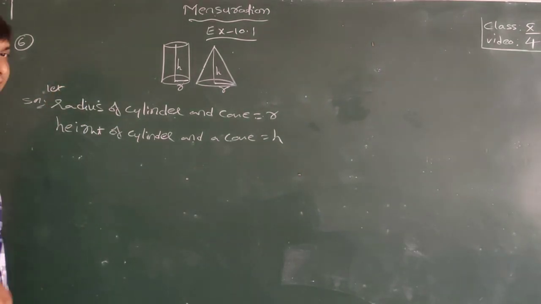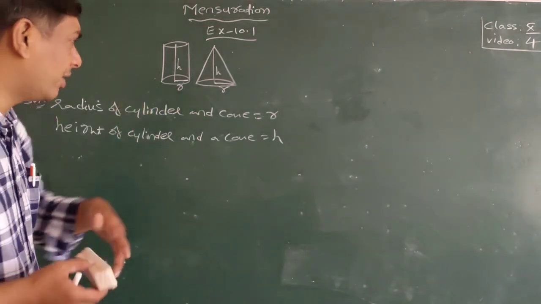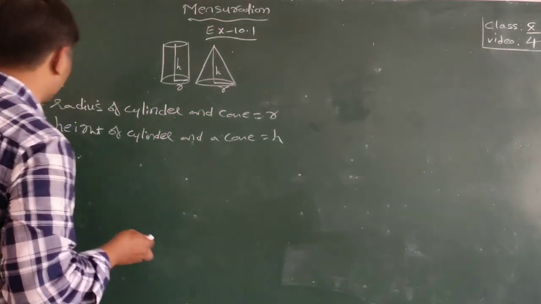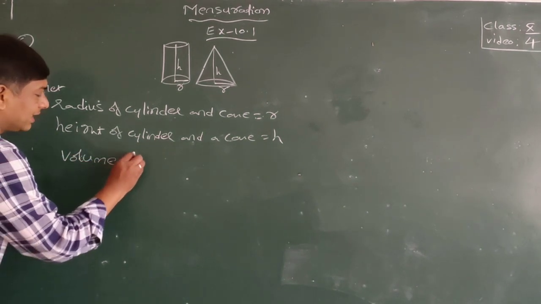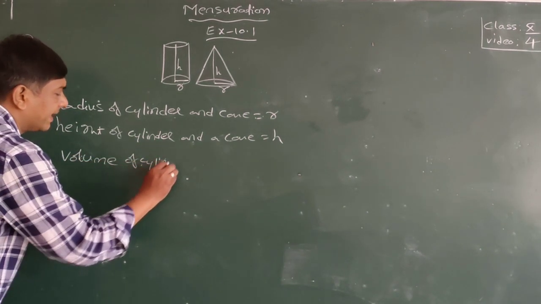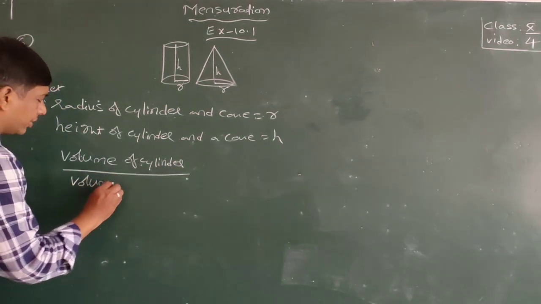So now show that the ratio of the volumes, that means the volume of cylinder by volume of cone.